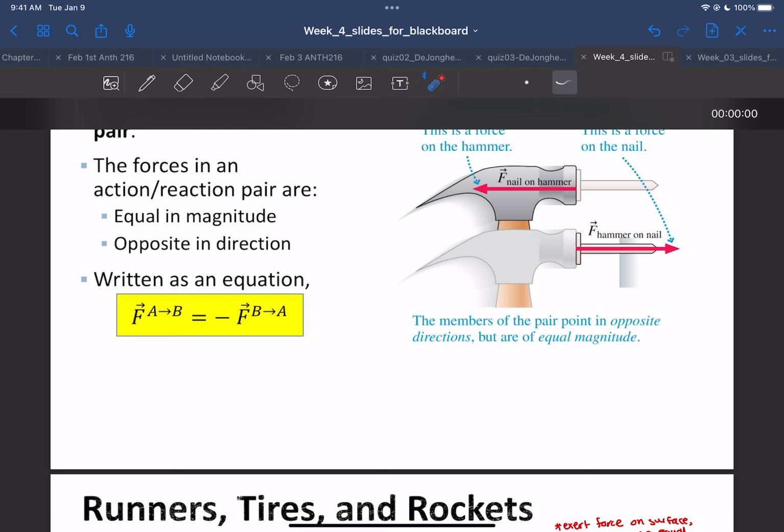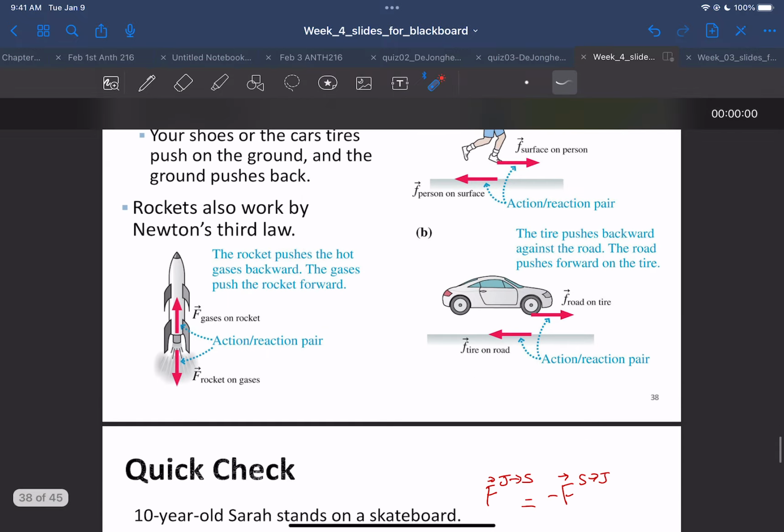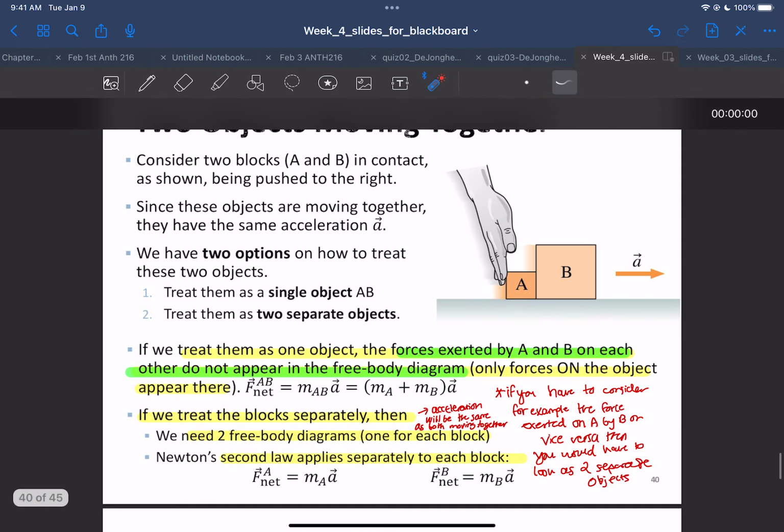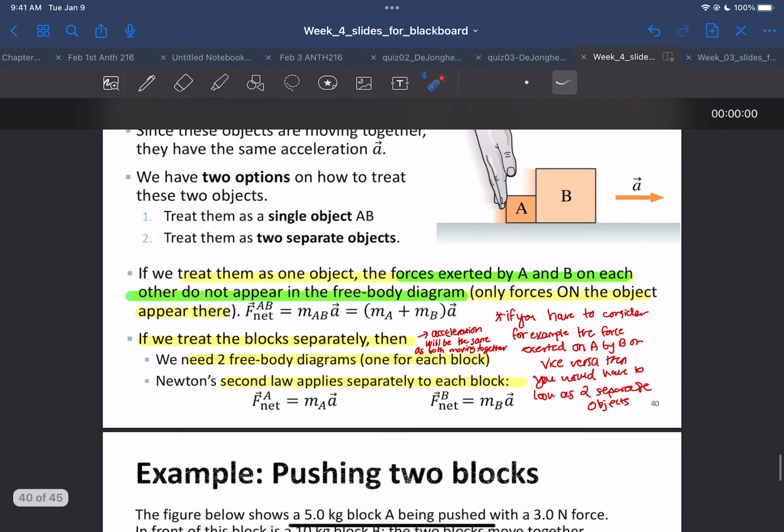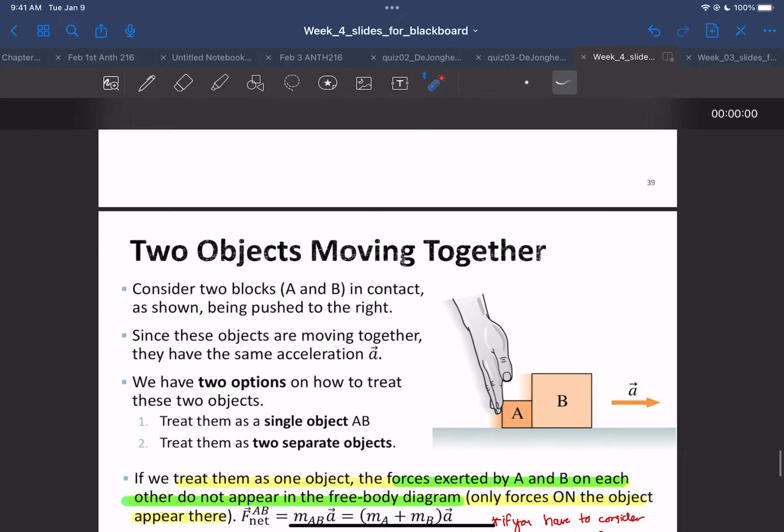So, equal and opposite. Every action has an equal and opposite reaction. Force of A on B is the opposite of B on A. Different direction, same magnitude.